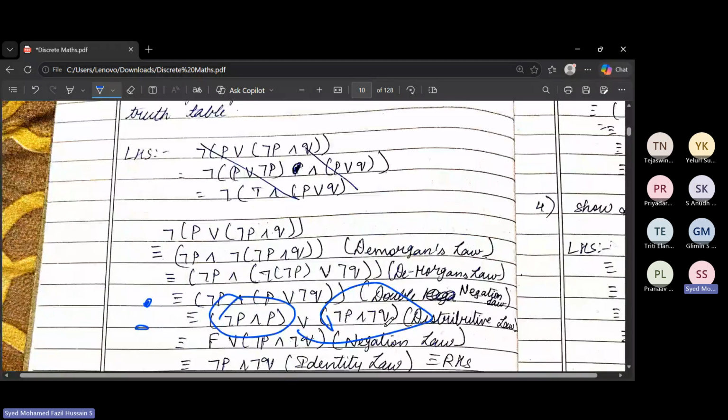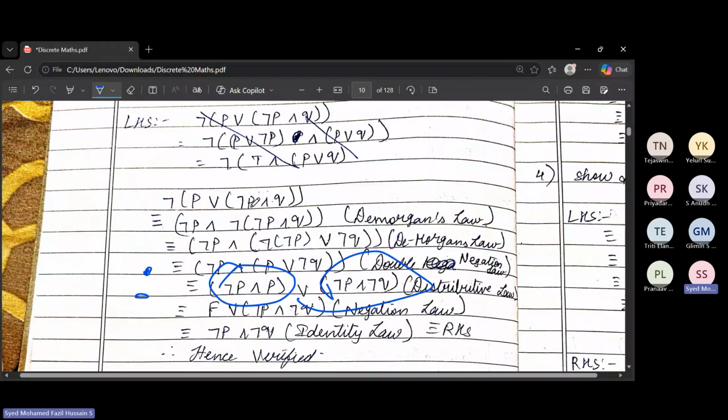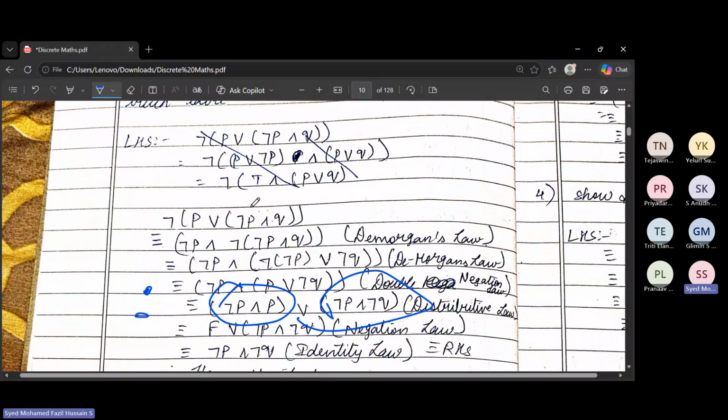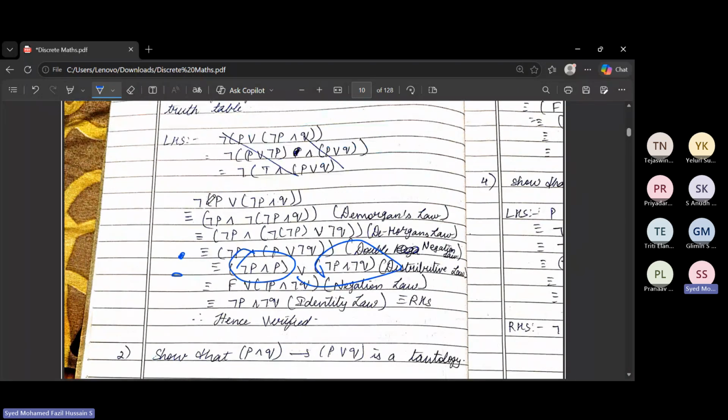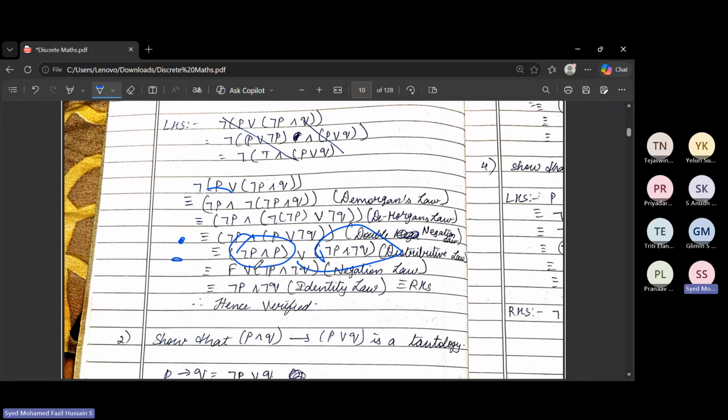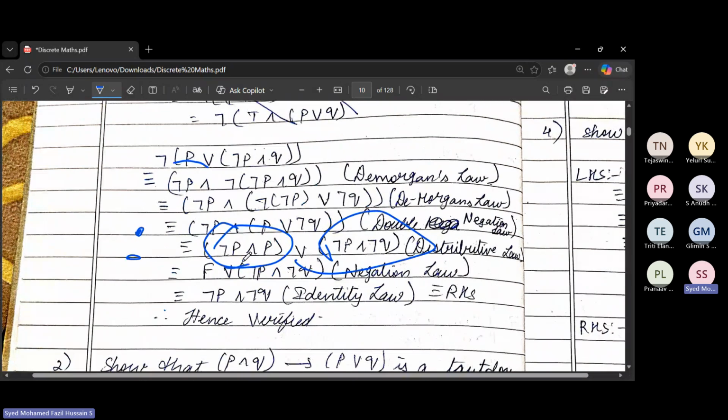We just have to expand this. That's what it means. We have to expand one statement from another, and we have to reduce it. As you can see, we apply De Morgan's law first, and then we reduce this statement. I mean, as you can see here, this becomes false because it gives only false whenever p and not p is conjuncted.